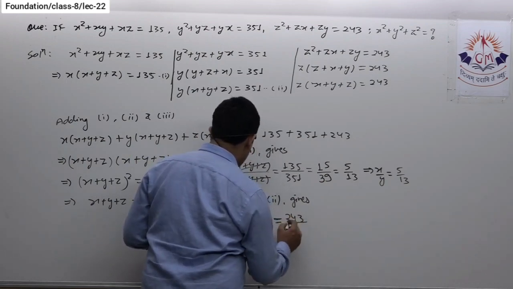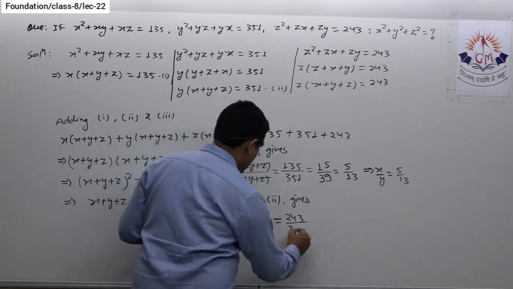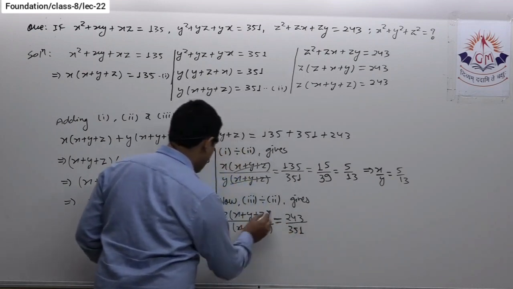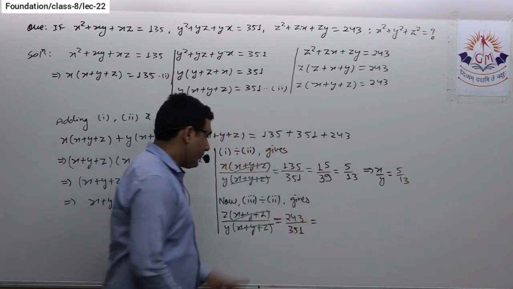Okay, and here it is, 351. 351. So here again this will cancel out, and over here, as I told you, both are divisible by 9.